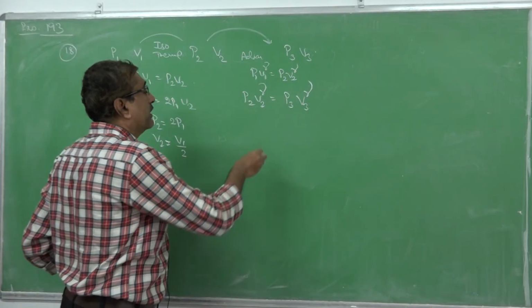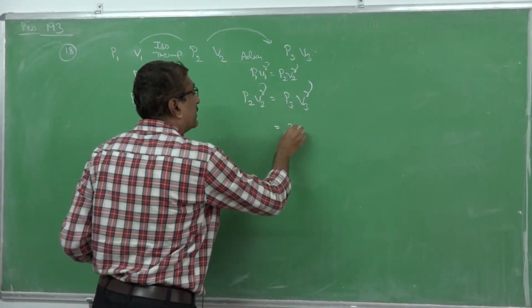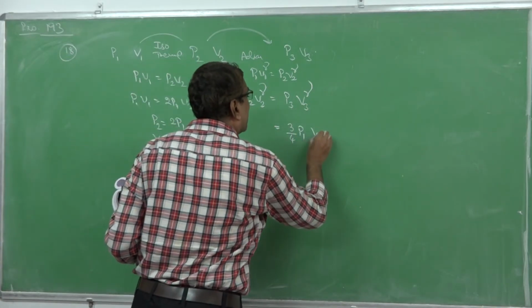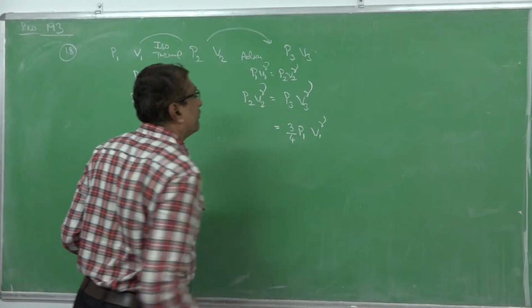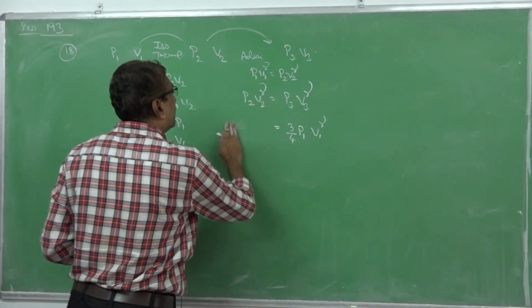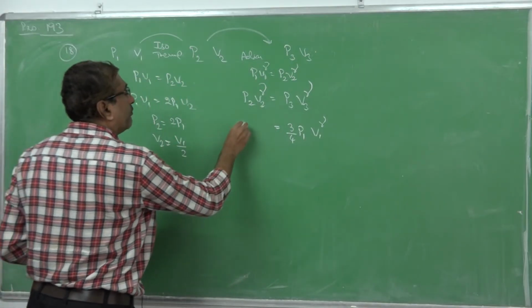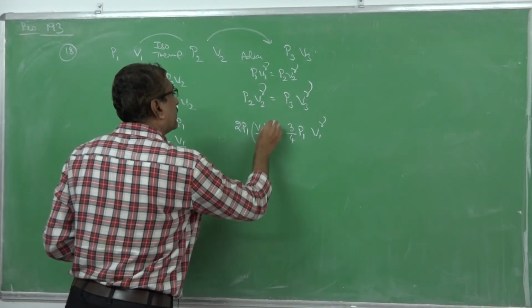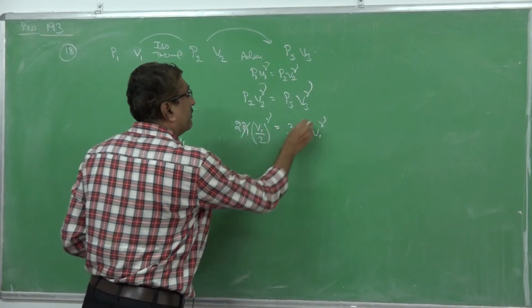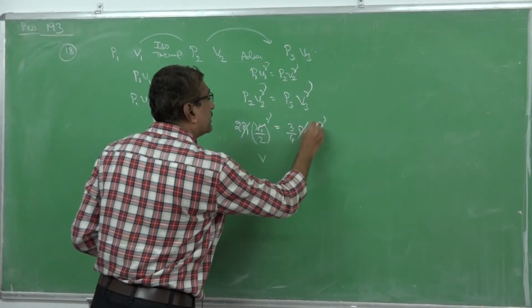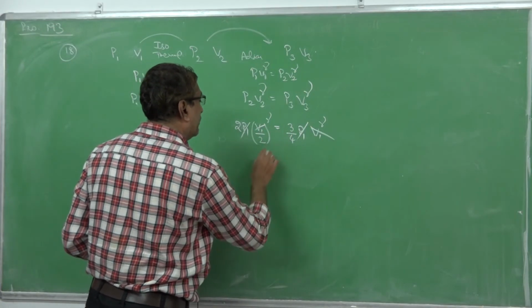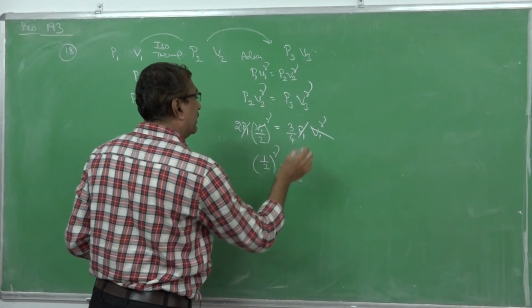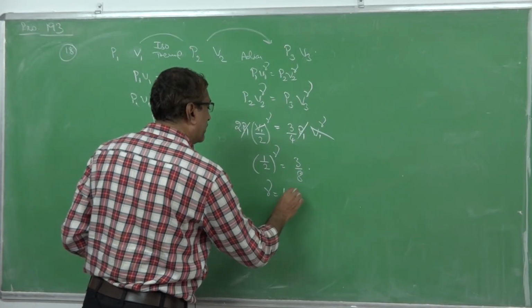So we can write P3 as 3 by 4 of P1 and V3 as V1. So here P2 V2 to the power gamma, substituting, is 2 P1 and V1 by 2, whole power gamma. So this P1 will get cancelled, V1 also gets cancelled. So 1 by 2 to the power gamma is equal to 3 by 8. So by solving this we get gamma is 1.41.